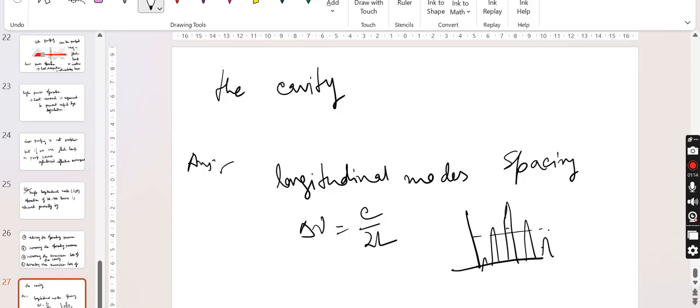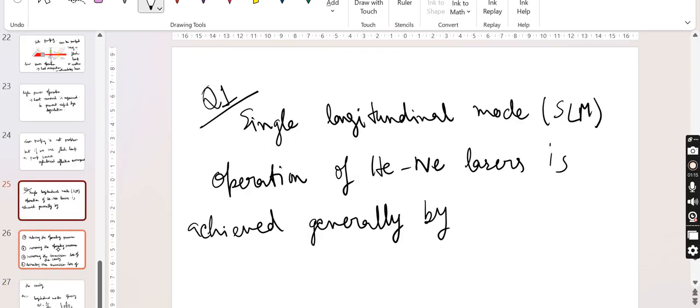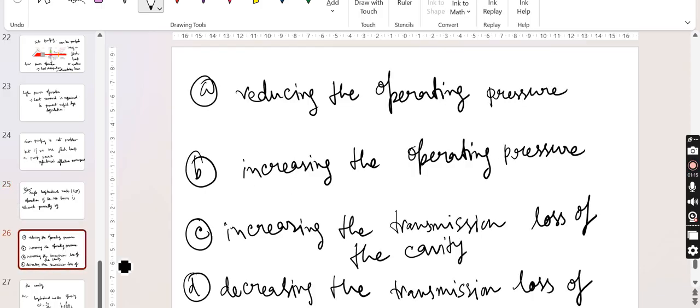So if we increase the transmission loss such that only the one mode closest to the peak has the gain that can cross the threshold, we will achieve single mode operation. So the right answer is increasing the transmission loss of the cavity. If we decrease the transmission loss, then all the cavity modes will have the gain.